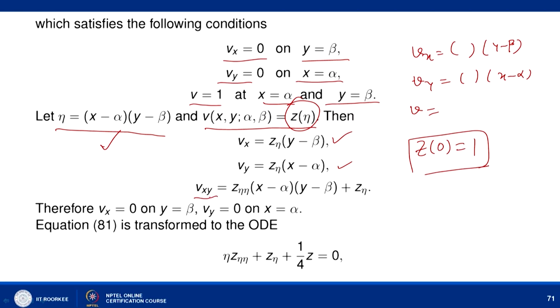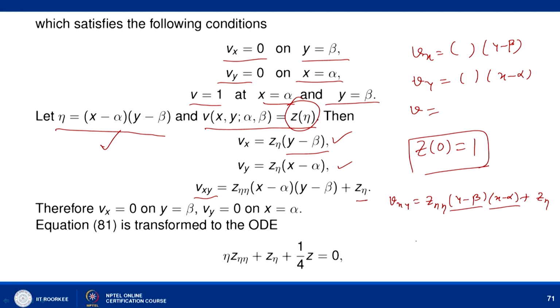So, let us find out vxy. vx is z' eta times (y minus beta). Now we differentiate with respect to y. We differentiate z' eta, and you will get z'' eta into eta y, with eta y equal to (x minus alpha), times (y minus beta), plus when you differentiate (y minus beta) with respect to y, you will have only z' eta.